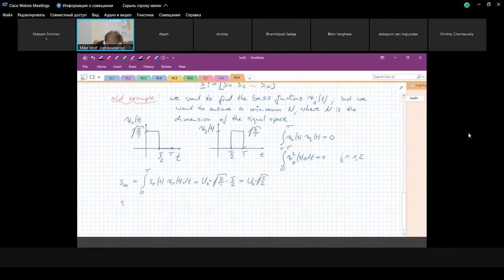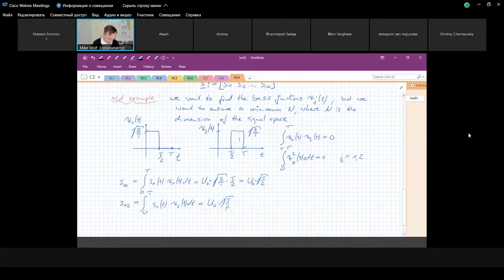And then we write here S12. Now we do the same for the second basis function. So S1 of t times psi2 of t dt. And we get again exactly the same, of course. We get again u0 times square root of T by 2. So now we multiply the first signal with this basis function.